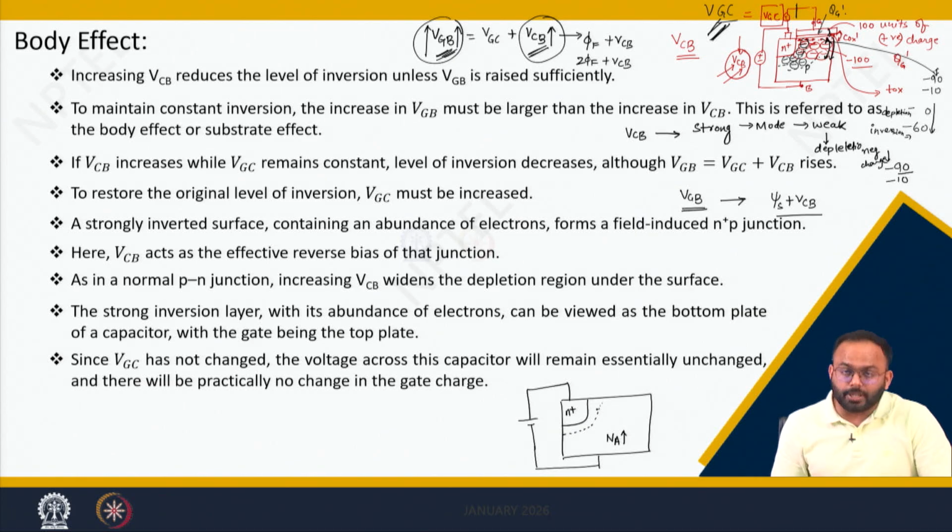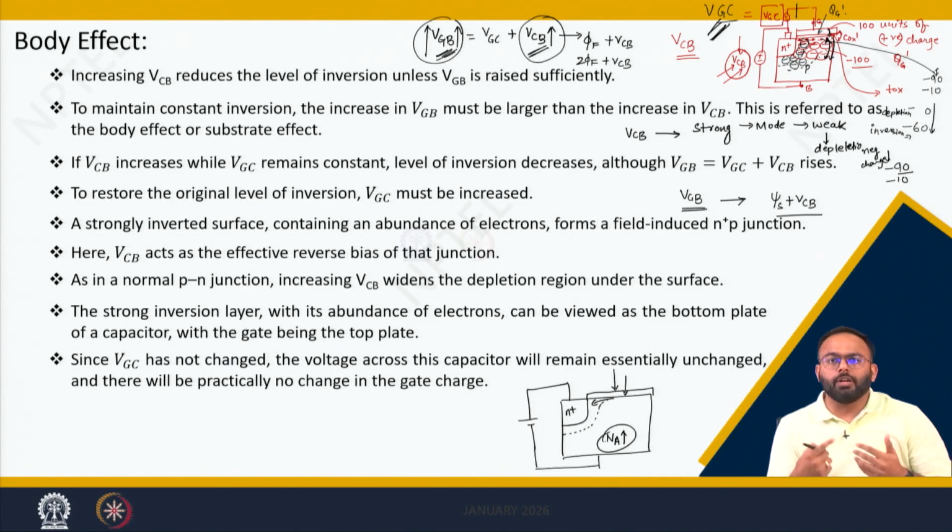Because of more depletion charge, the inversion charge will decrease, and hence the doping of the body influences what amount of gate voltage is required to get the same amount of inversion. Ultimately you can say the requirement of gate voltage increases if the doping concentration increases.